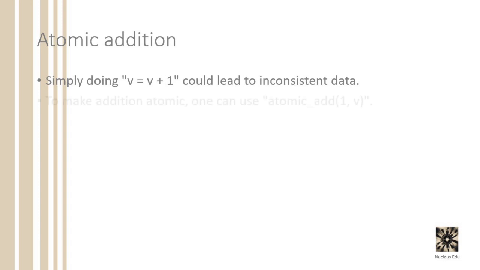For this, the Linux kernel provides what's called atomic_add, where you can send a value and the atomic variable to which you want the value to be added.